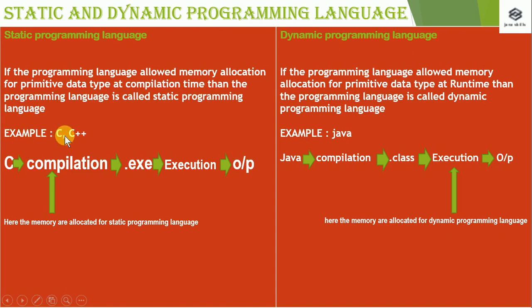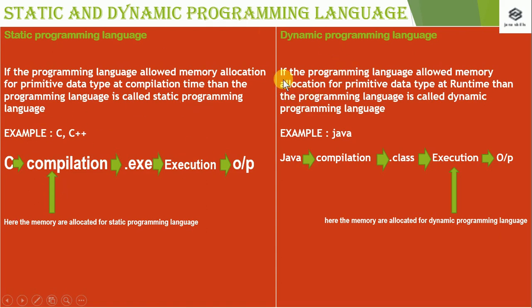Yes, C and C++ are static programming languages. You can see the steps of execution of C programming: at C compilation time, C programming allocates memory for the primitive data. C compilation generates a .exe file, then it executes, then output. At this point of time, C programming allocates memory.